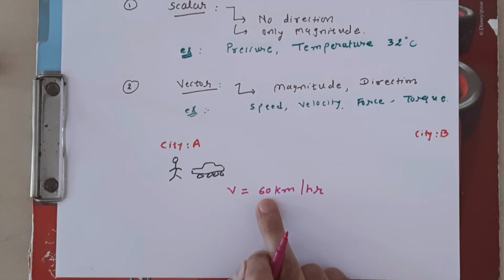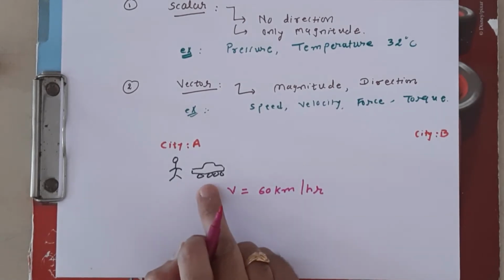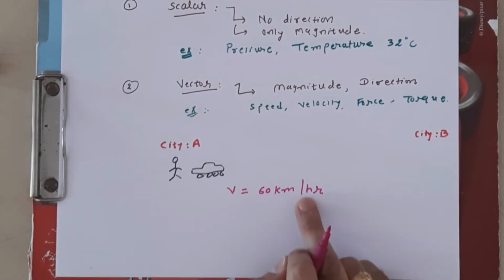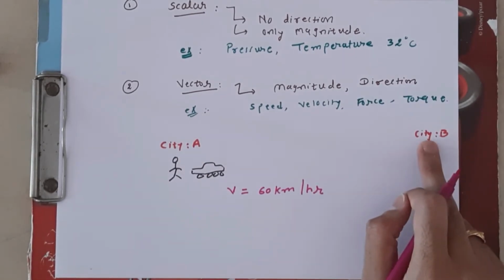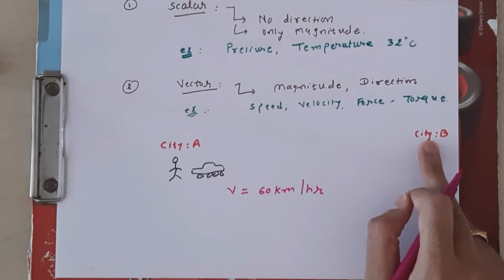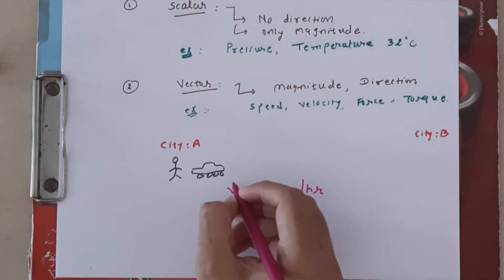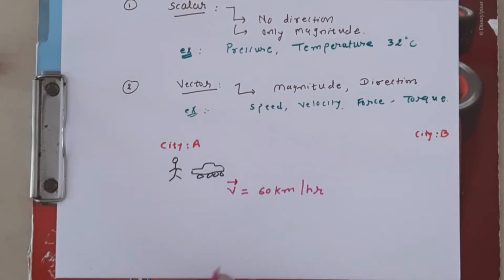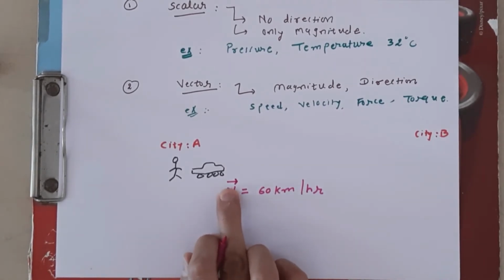But if I say the boy is driving a car with 60 kilometer per hour speed from city A to city B, now in this statement the direction is also given. So I have to write it this way: V, with a vector sign, because here the direction is given. So now velocity is a vector quantity.